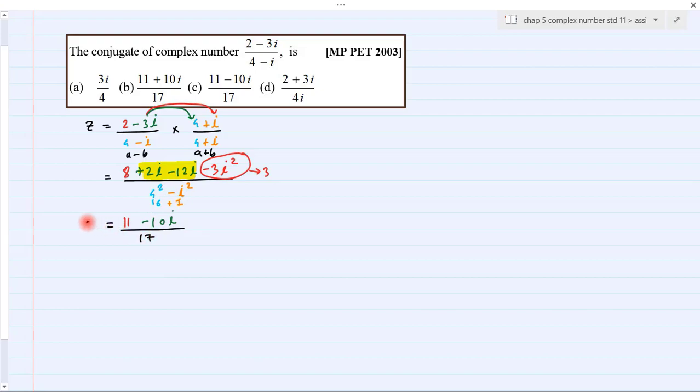This is not your answer, this is your complex number. And your answer is the conjugate of this complex number, which is (11 plus 10i) upon 17, given in option B. Ta-da!